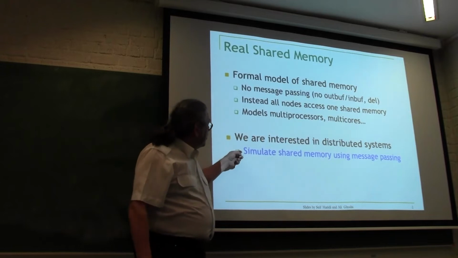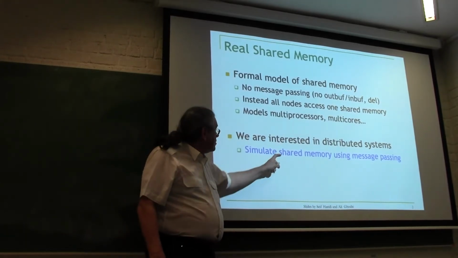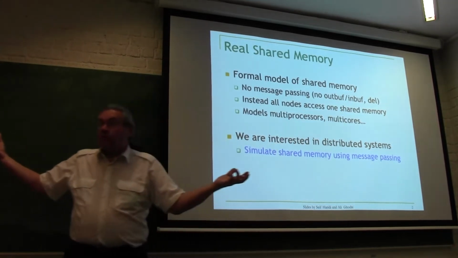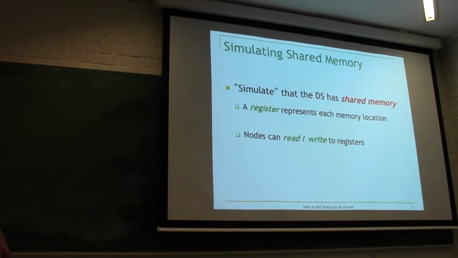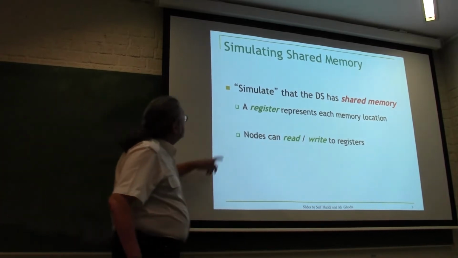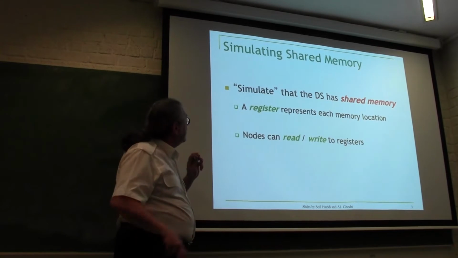So this is what we want to do. We want to do shared memory using, of course, message passing, because the distributed system will send messages. So we want to simulate shared memory using message passing. Simulate that the distributed system has a shared memory.